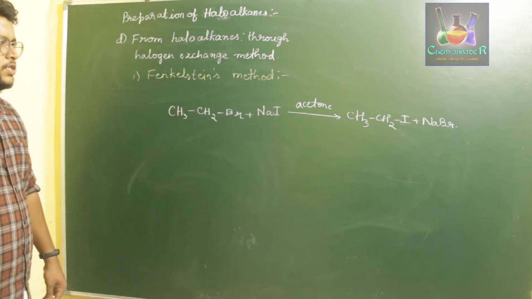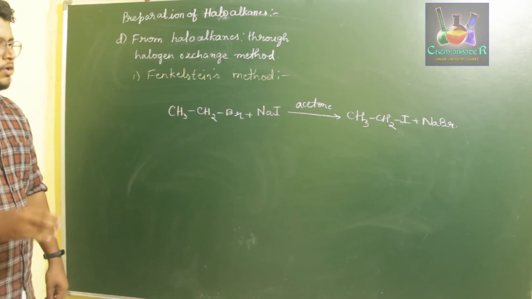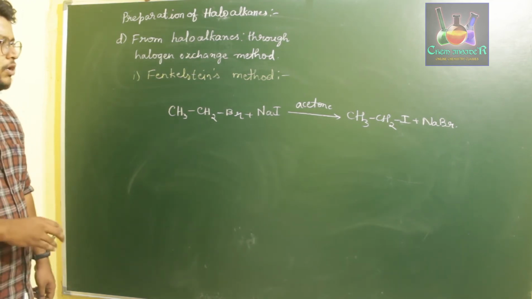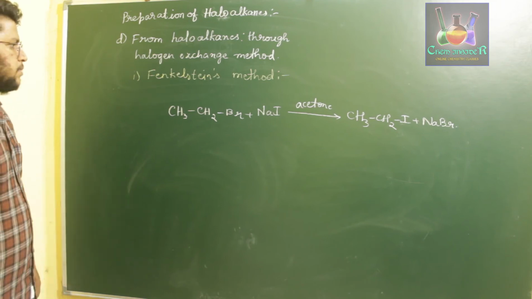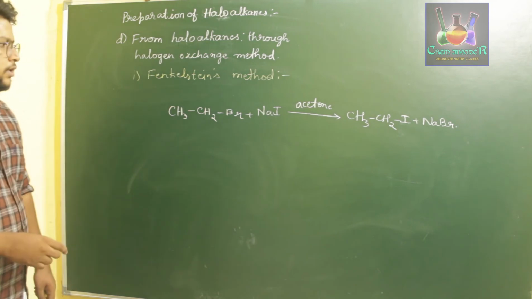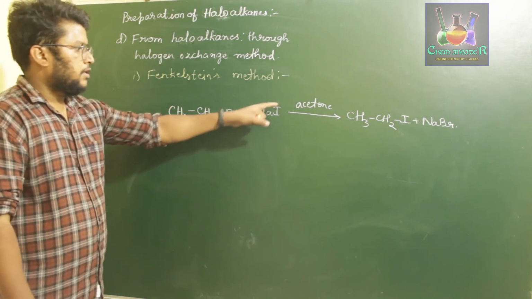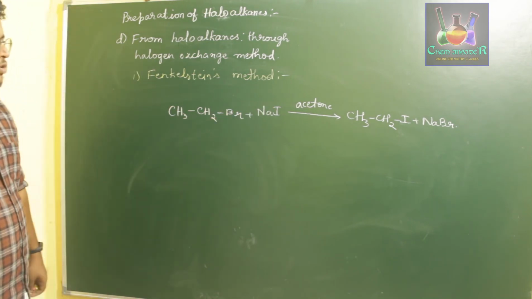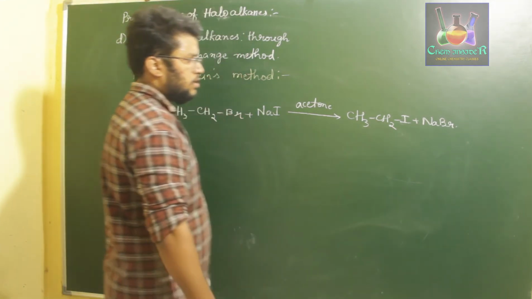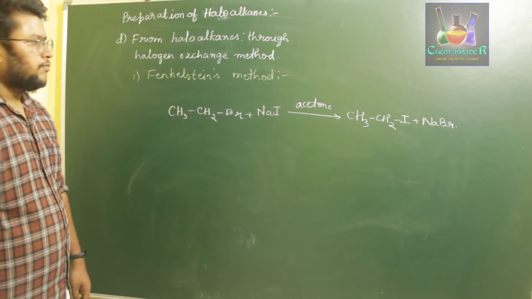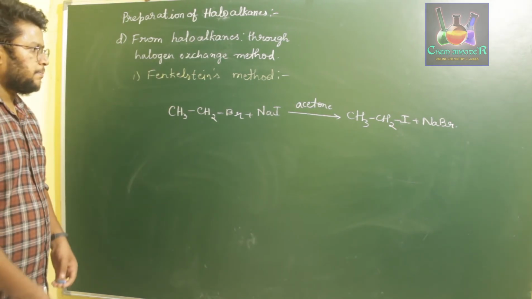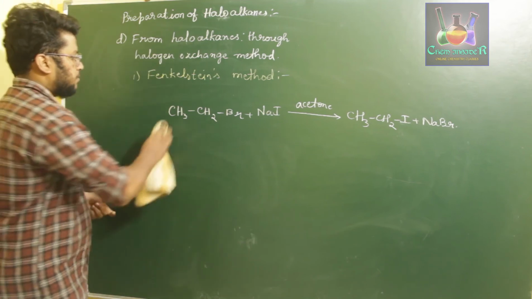Using this process we can only prepare iodoalkane. We cannot prepare bromoalkane or chloroalkane using this method. So we treat our bromoalkane or chloroalkane with sodium iodide dissolved in acetone to form CH3CH2I. This is the preparation of iodoalkane from the Finkelstein method.